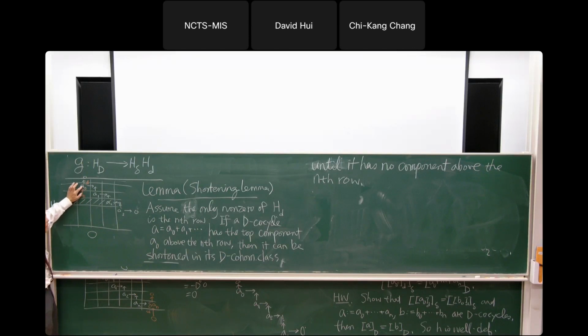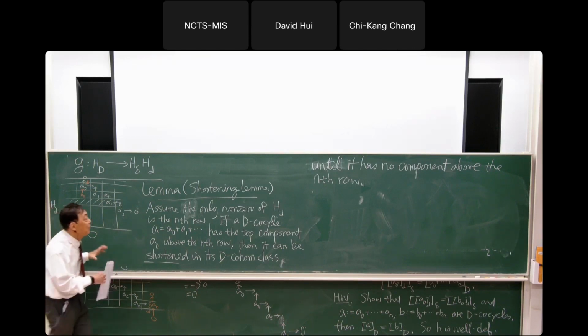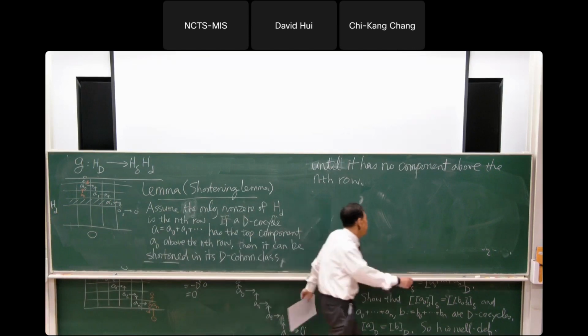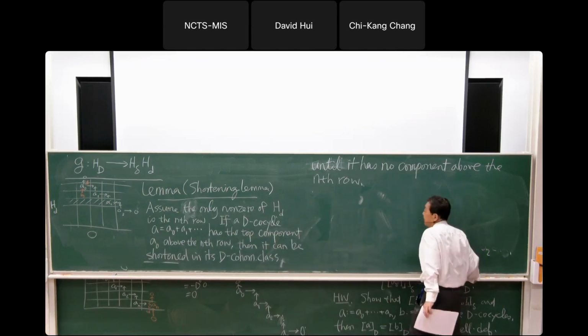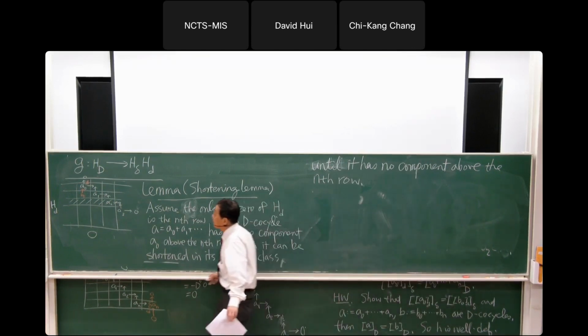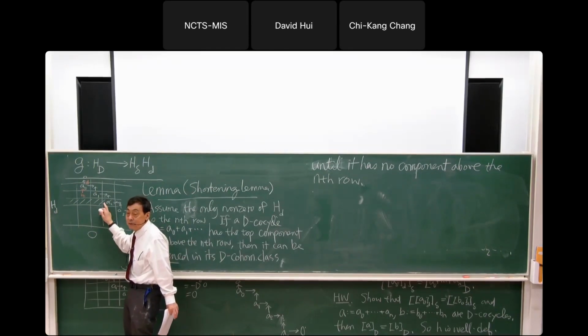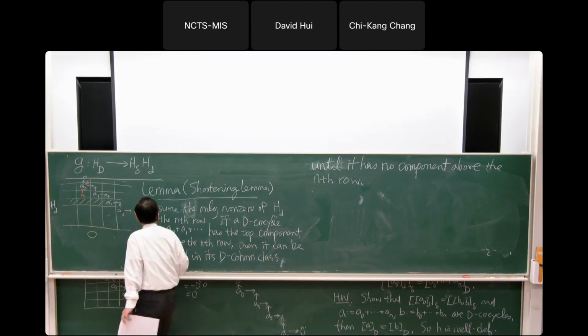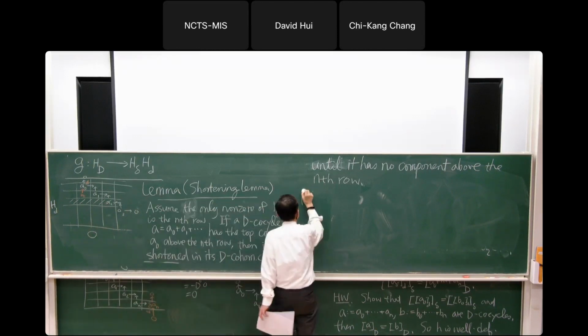That will kill this A0, and then you have a shorter cocycle. Then you repeat the process and it will stop when you reach here, because now there's cohomology here, so you can't continue your argument. Okay, so the proof is easy.